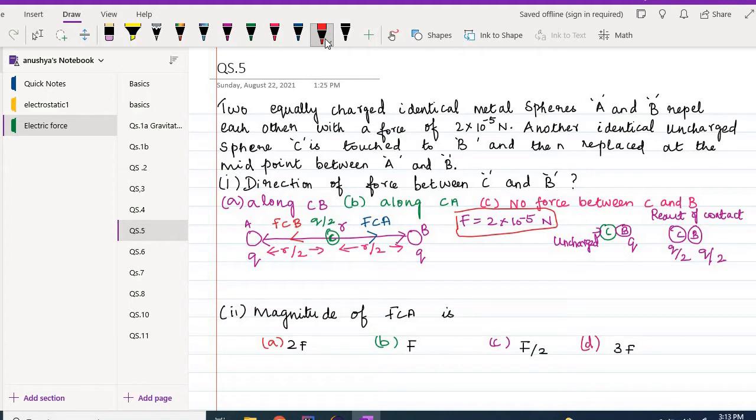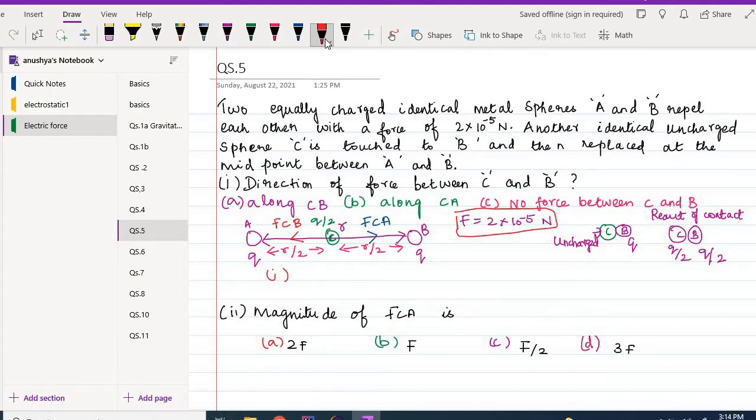So what is the first question? What is the direction of force between C and B? The options are along CB, along CA, or no force between C and B. So what could be the answer? The direction of the force is along CA.